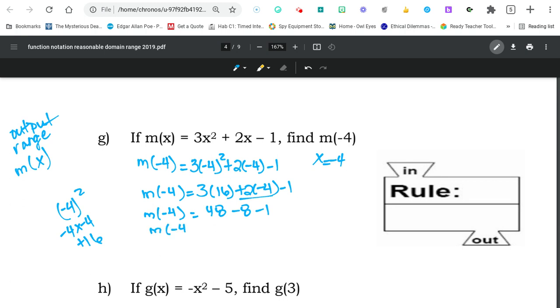And then I'm just going to perform addition and subtraction from left to right. 48 minus 8 is 40 minus 1. So when I evaluate that function labeled m with an x value of negative 4, I get out 39. So m of negative 4 equals 39, and that's all you do.